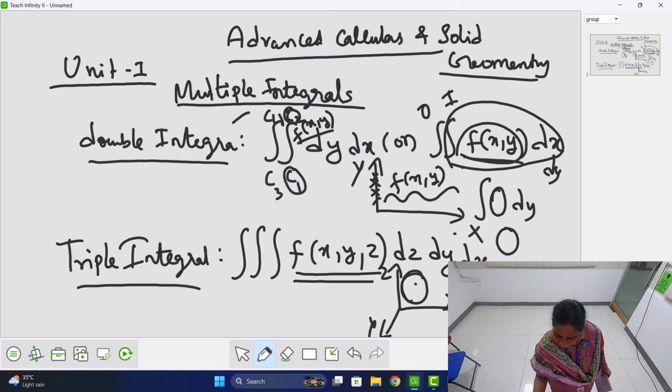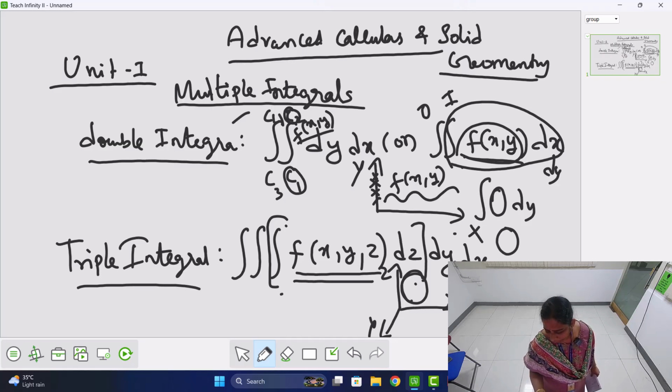First we have to integrate with respect to z. The limits may be constant or variable, it can be anything. First we choose the inner integral and find the value, in terms of some function.